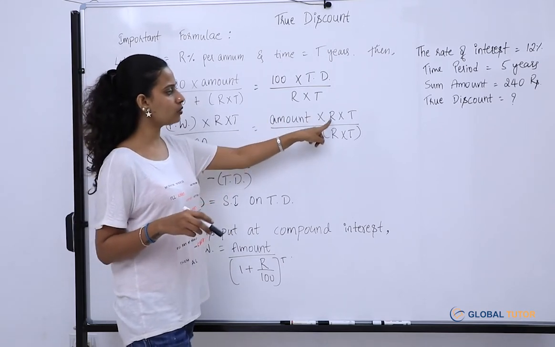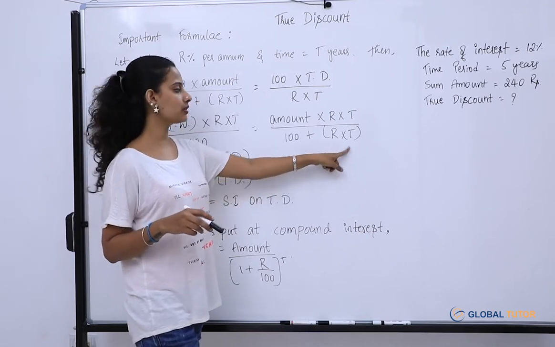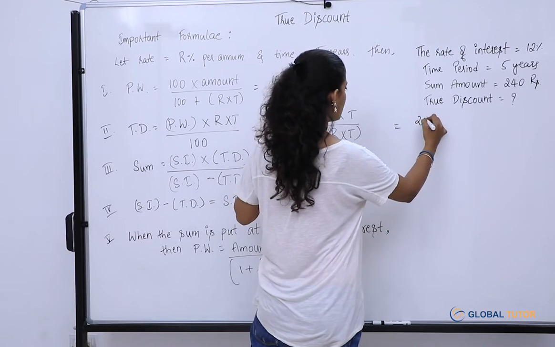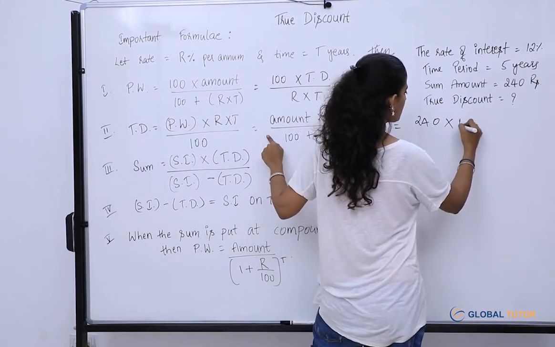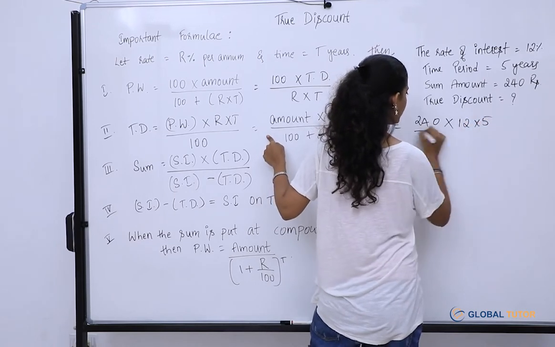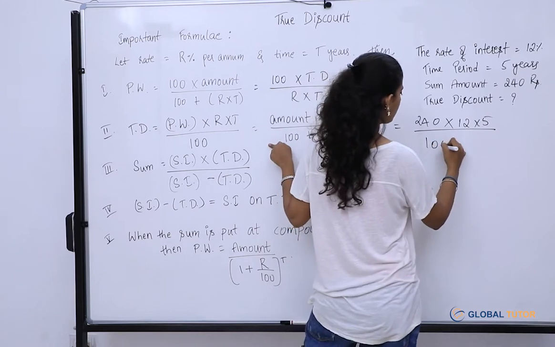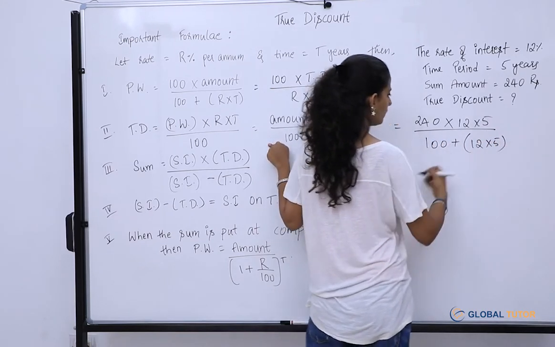So amount into rate of interest into time divided by 100 plus rate of interest into time. So amount is 240 into rate of interest into time, that is 12 into 5, divided by 100 plus r into t. 100 plus r into t is 12 into 5.